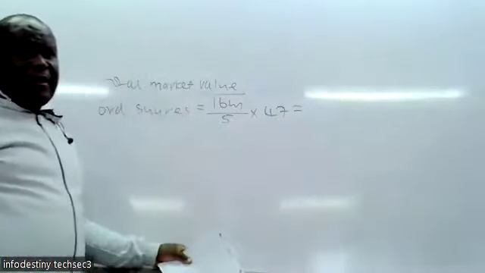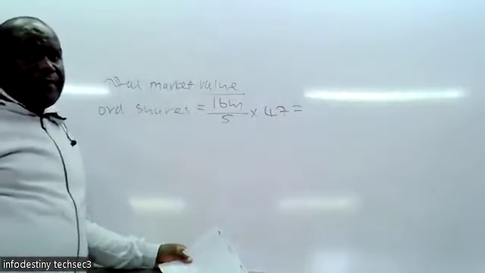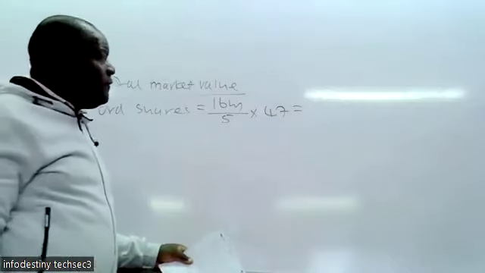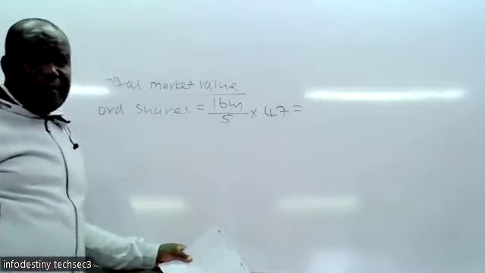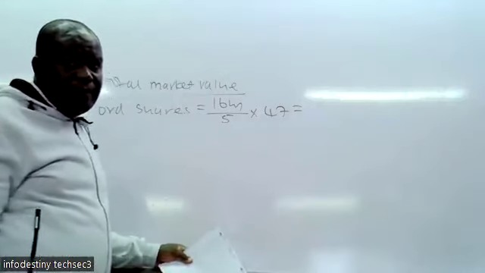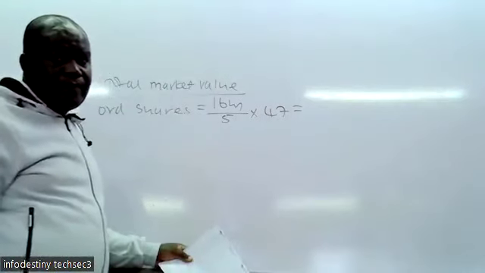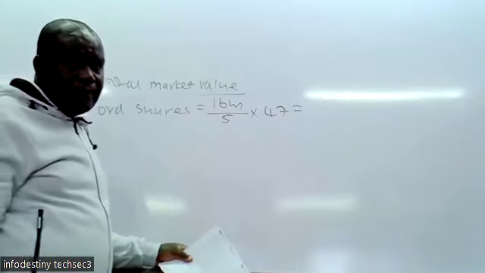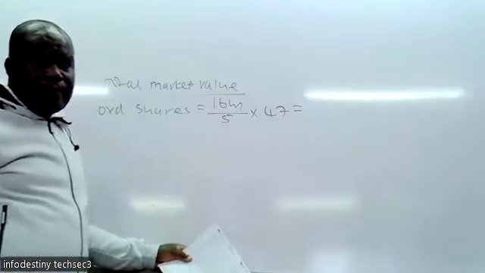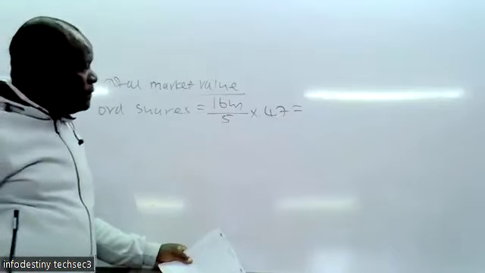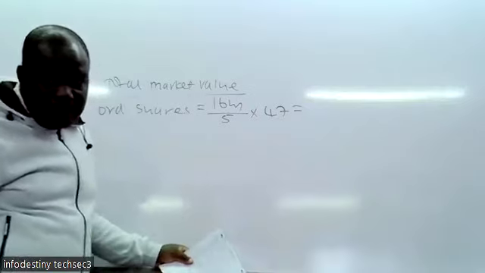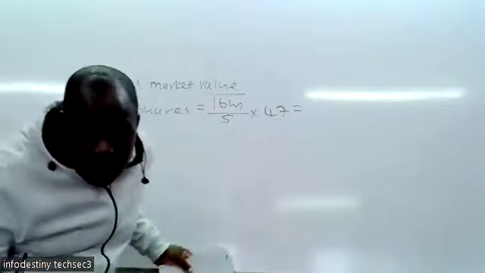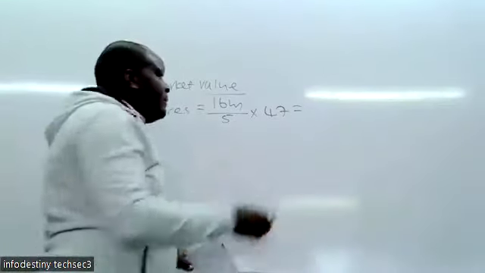So give me that figure when you compute. 16 divided by 2 multiplied by 47 should give us around which figure? $150.4 millions.